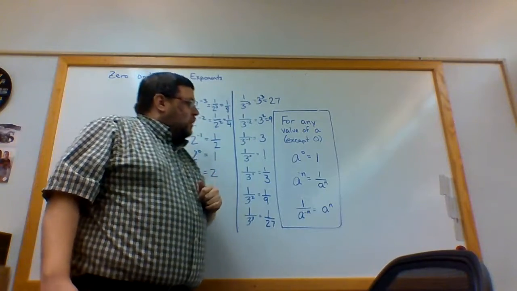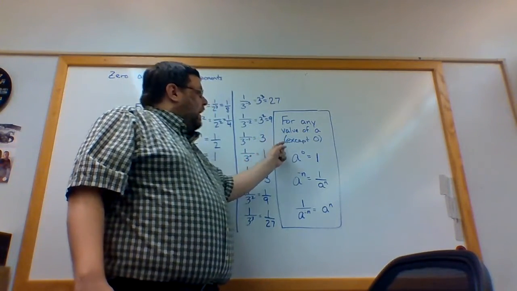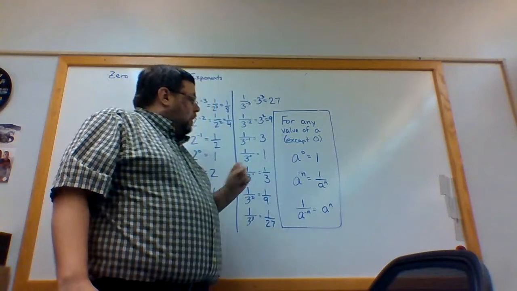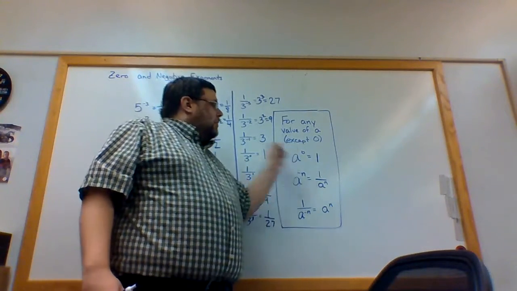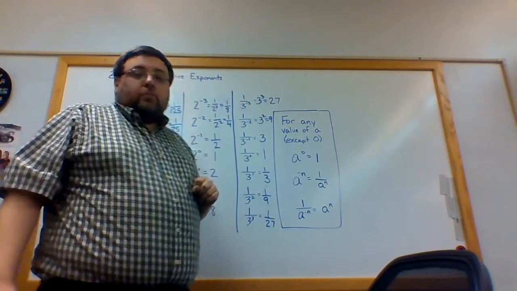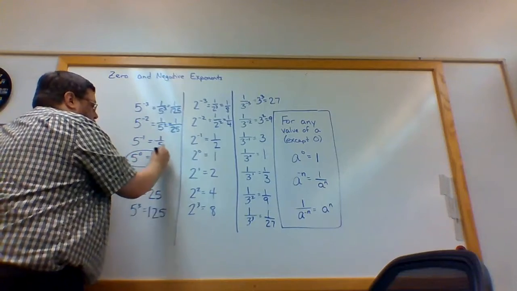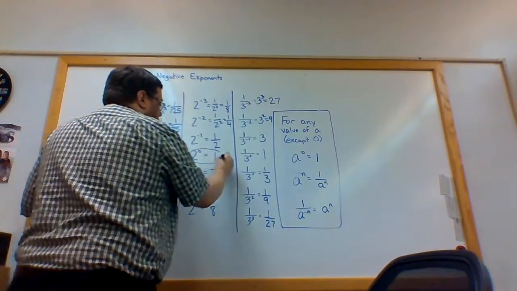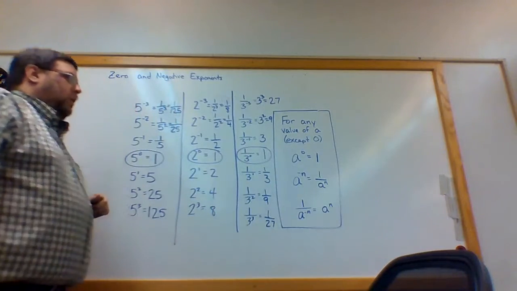So that leads us to these 3 rules over here. For any value of a except for 0, we have 3 basic rules that we should know. A to the 0 power is 1. We saw that everywhere we were dealing with a 0 exponent. All of those came out to just being 1.